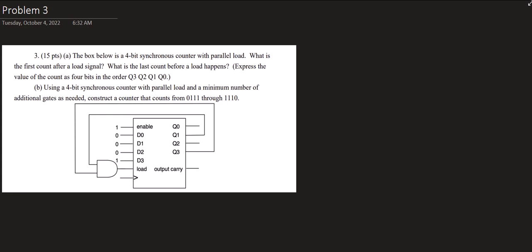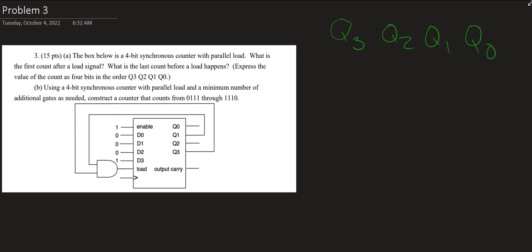Okay, these are actually pretty easy, so you want to hope that you get one of these. So you'll write Q3, Q2, Q1, Q0. And when you load, that's just the bits going into D0, D1, D2, D3.